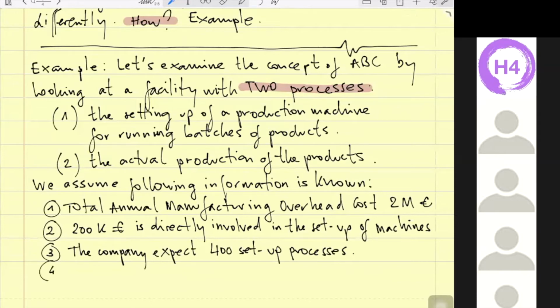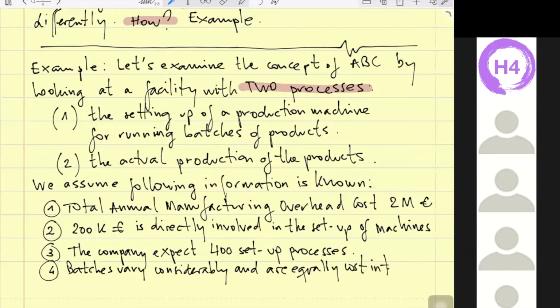We also assume that batches vary considerably, and the cost is constant, all machines are equally cost intensive.